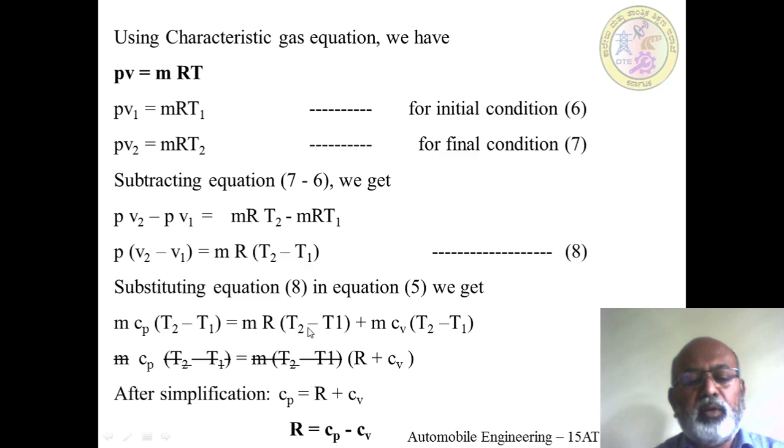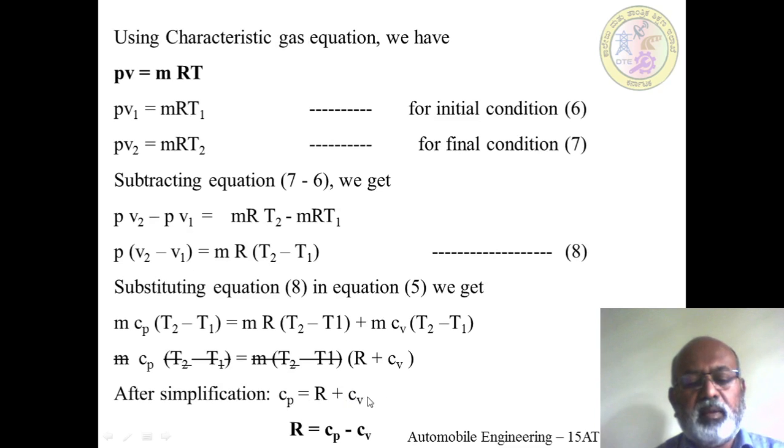Here m and (T2 − T1) are common in every term. We take this as a common factor. What remains is R in this term and Cv in this one. So from LHS and RHS, because m (T2 − T1) is common, we cancel it. What remains is Cp is equal to R plus Cv.